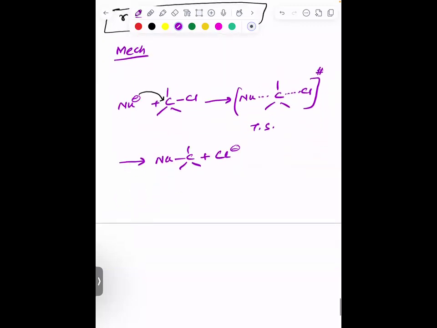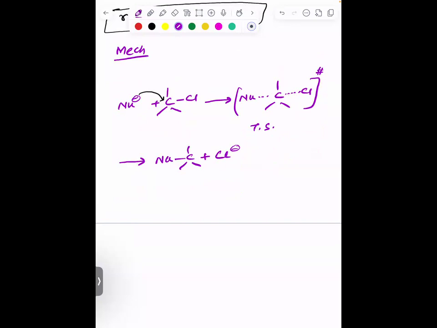As a student, you might have seen here that the formation of the bond between the nucleophile and carbon center and the dissociation of the bond between the carbon center and leaving group are both taking place simultaneously.